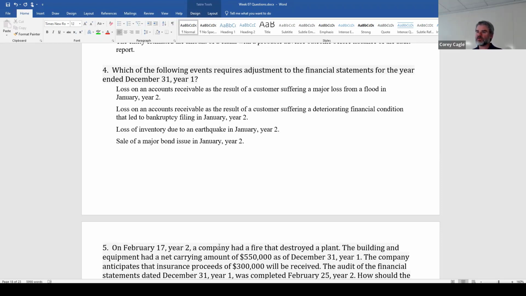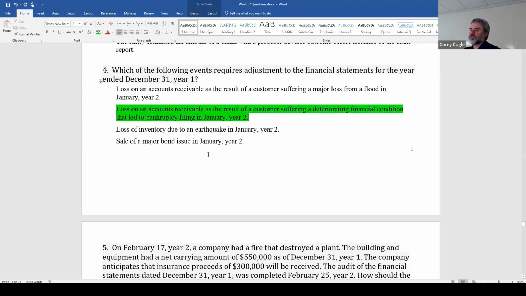B says it's a loss on an account receivable as a result of a customer suffering a deteriorating financial condition that led to a bankruptcy filing in January year 2. It's a subtle difference between A and B. B's actually the correct answer, because this deteriorating financial condition was happening during the financial statement year that we're auditing.